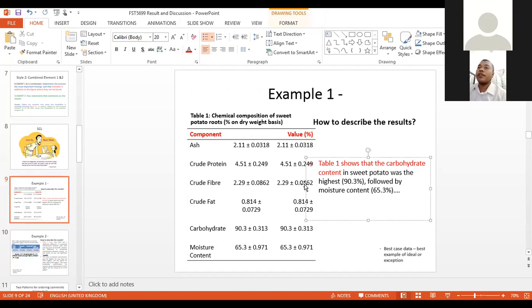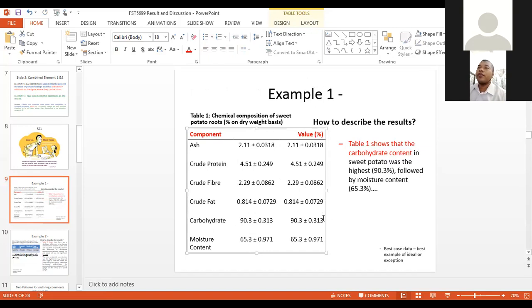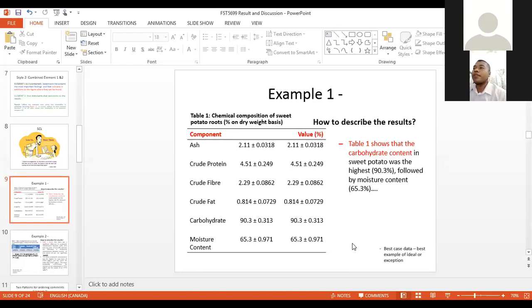Can I use this 4 decimal point? Based on the sensitivity of the instrument that you use.